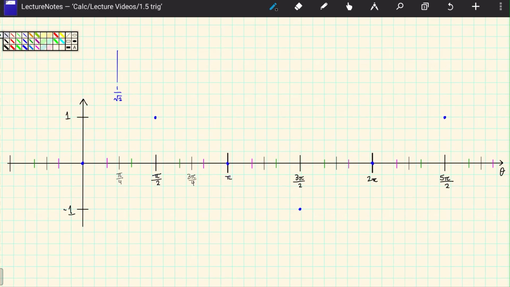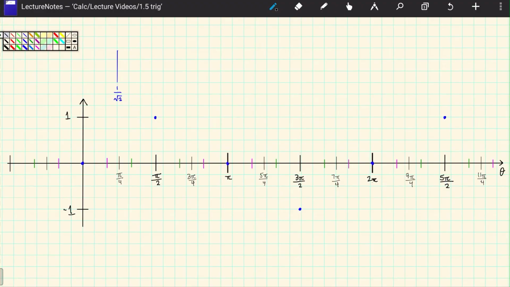And then 4 pi over 4 is pi, and then 5 pi over 4. And then 6 pi over 4 is the same as 3 pi over 2. And then there's 7 pi over 4. 8 pi over 4 is 2 pi. And then there's going to be 9 pi over 4, and 10 pi over 4, 11 pi over 4.